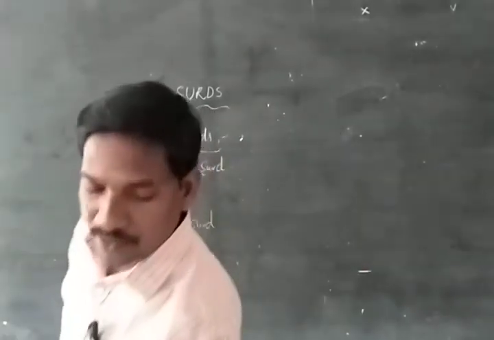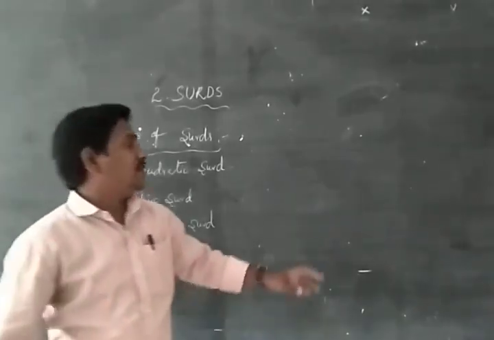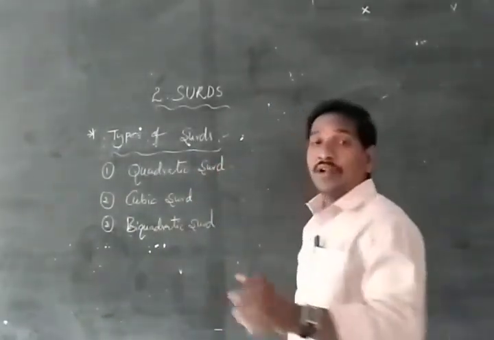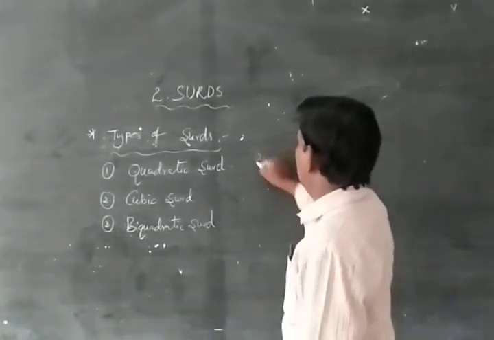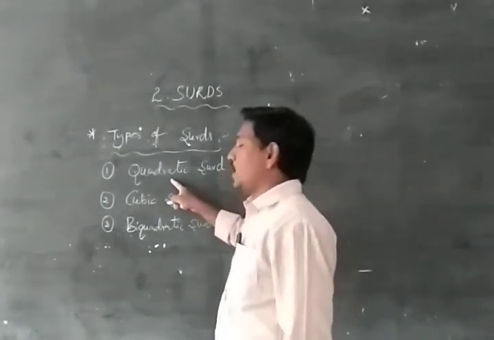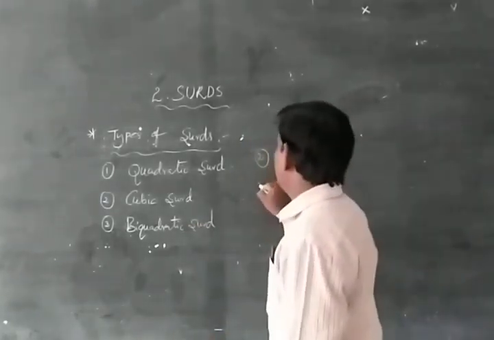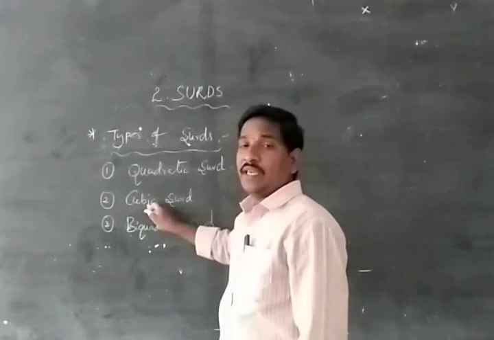In this, the nth root, the order of the surd is 2, that is called a quadratic surd. If the order of the surd is 3, that is called a cubic surd.